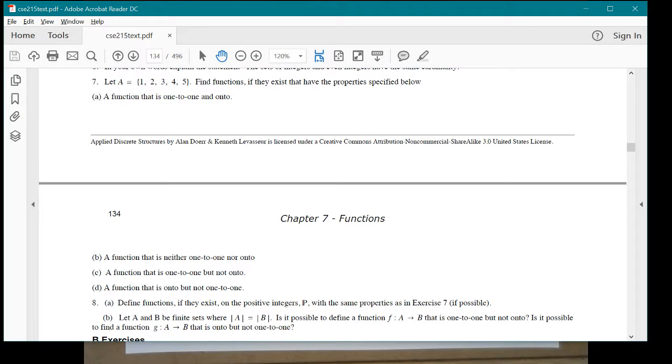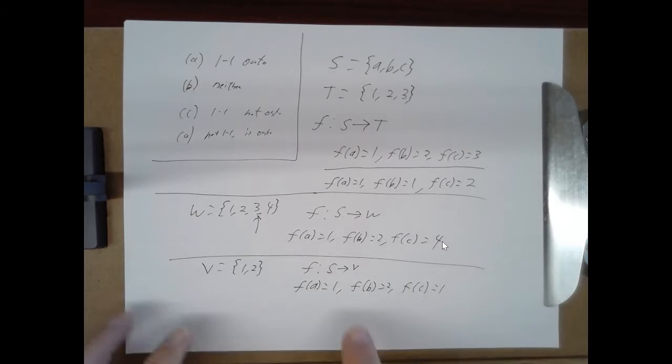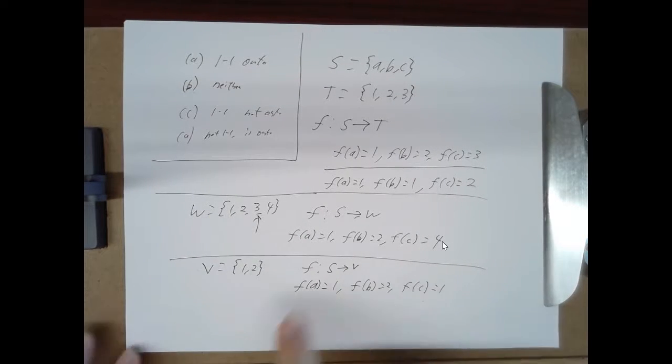Let's see what it says. Define functions if they exist. So how do you define a function? Well, you can do it with an equation, f of x equals x squared. You can do it with something like what we wrote here, right? f of this equals that, f of this equals that. You could do it with a carefully written description, as long as it's pretty precise, but nothing too hand-wavy.